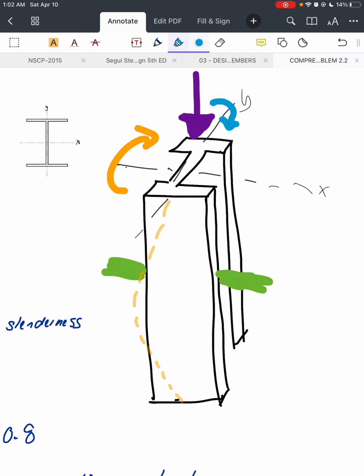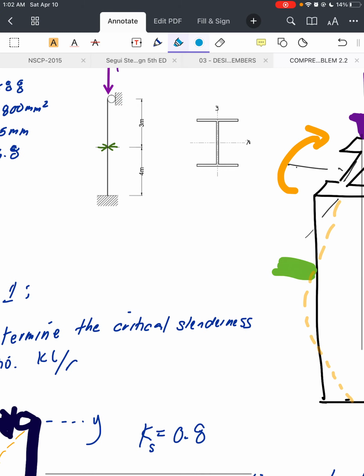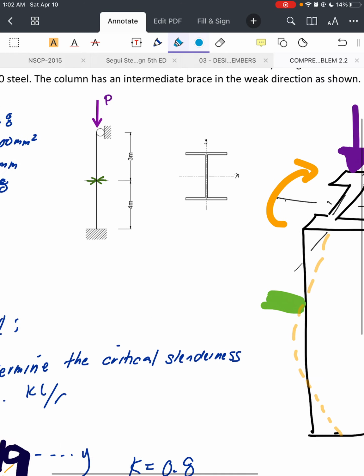Okay, that should do. Okay, so you have your buckling about y-axis. And your deformation about x-axis will be this one. Kasi meron kang brace sa gitna, di ba? You have here your roller support sa top and your bottom is fixed support.